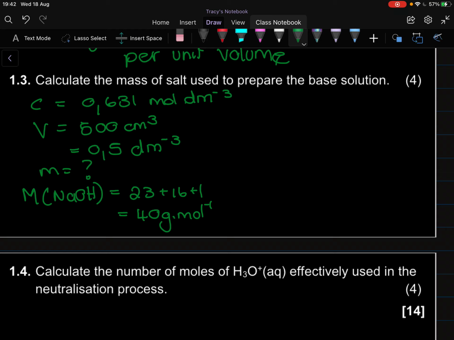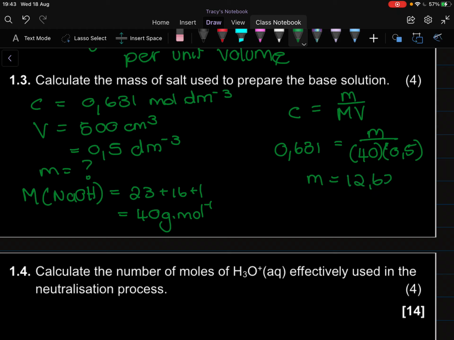Okay? We know concentration is mass, molar mass over volume. We know that that's 0.631. Mass is what I'm looking for. My molar mass is 40. My volume is 0.5. So I'm going to end up going 0.631 times by 40 times by a half, and we get 12.62 grams.